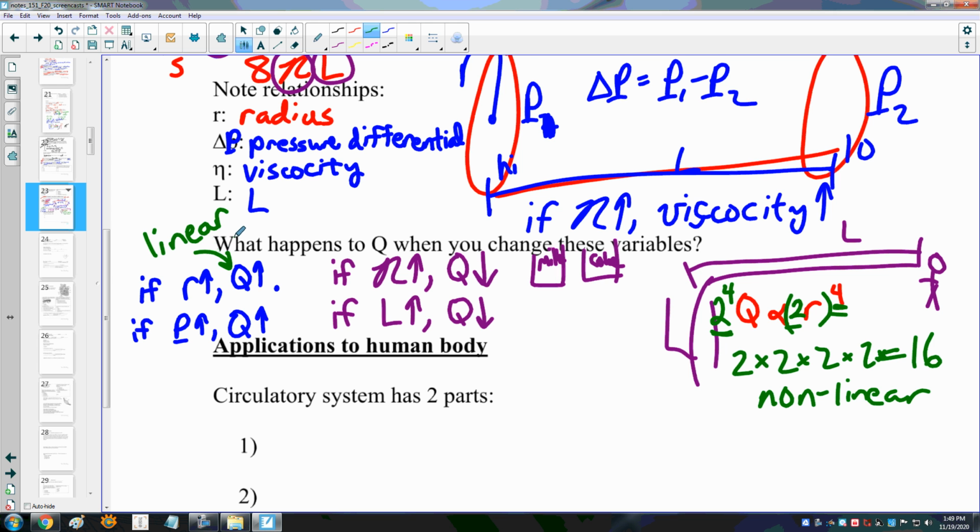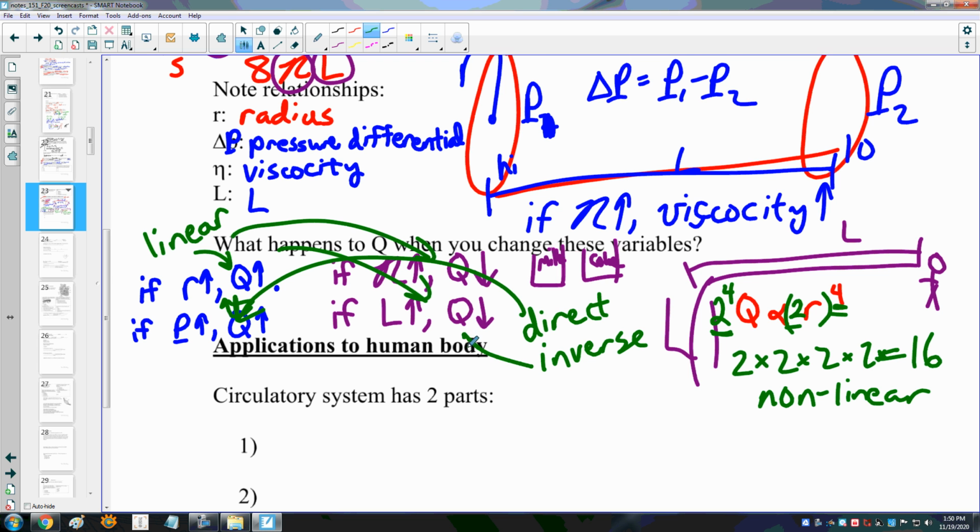The relationship between R and Q, eta and Q, and L and Q, they're either direct relationships or inverse relationships. Direct, if one goes up, the other goes up. Inverse, if one goes up, the other goes down. Okay? But they're direct or inverse, and they're linear. But here we have a direct nonlinear relationship.